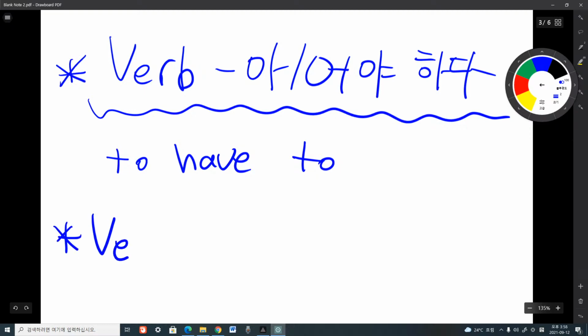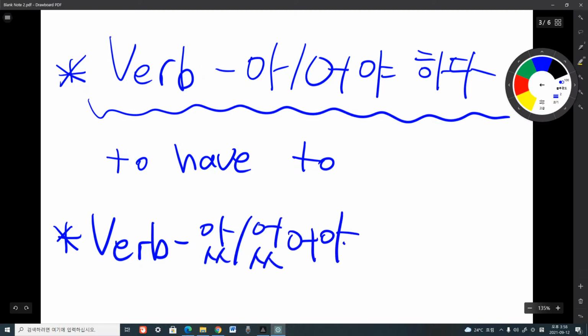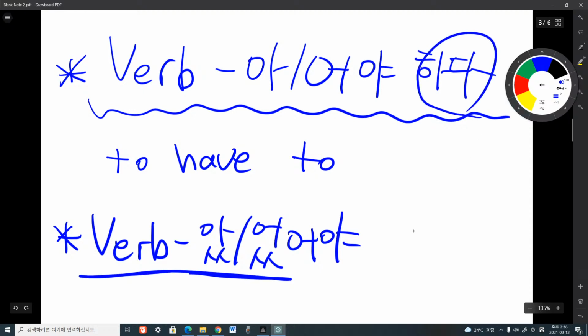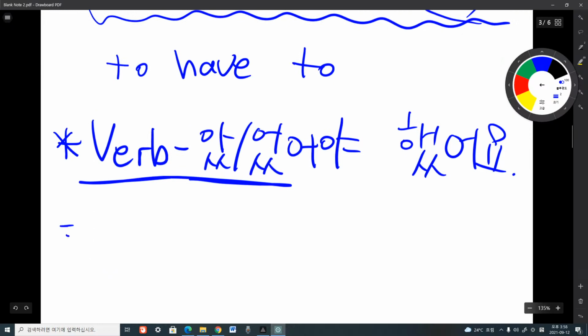But the expression that we're going to learn looks like this. You conjugate the verb in past tense, and then you conjugate 하다 again in past tense. 했어요. And this means I should have.